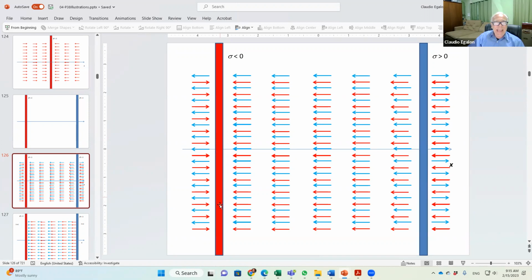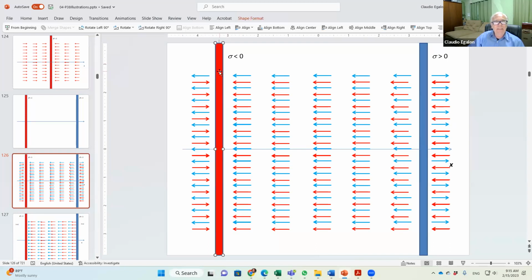Whereas the negatively charged plate is going to generate fields that point towards it. Within this volume, the field of the negative plate is pointing the same direction as the field of the positive plate. You see that? Outside the volume, we have the opposite.